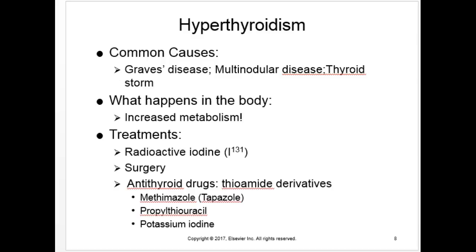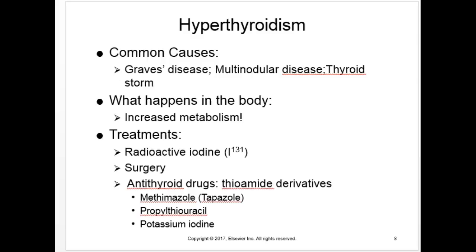What happens in the body when someone has hyperthyroidism is this. You'll have an overall increase in metabolism, which causes symptoms such as diarrhea, flushing, increased appetite, muscle weakness, sleep disorders, altered menstrual flow, nervousness, heat intolerance, irritability, palpitations. They'll be tired.